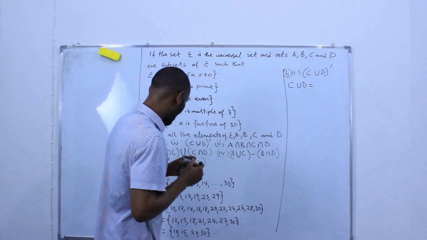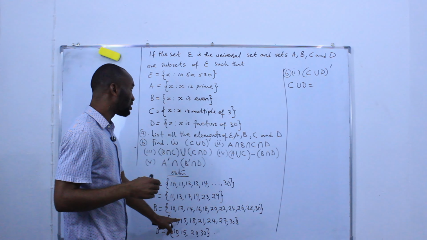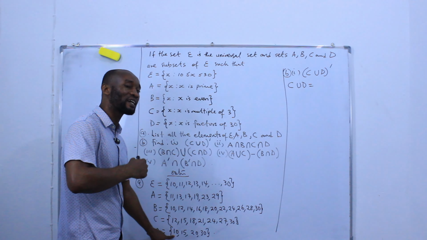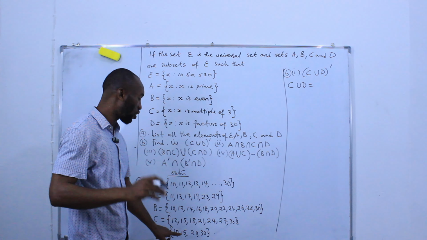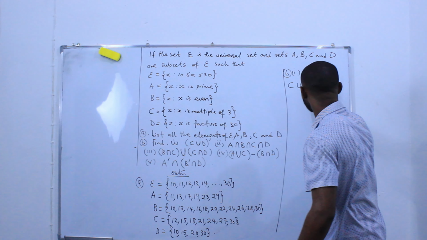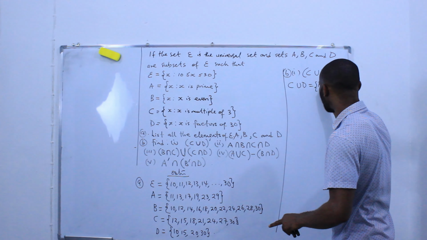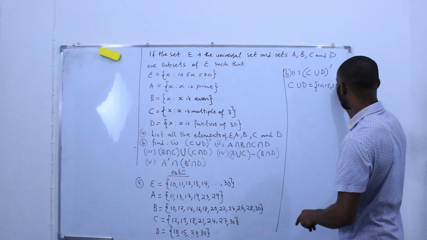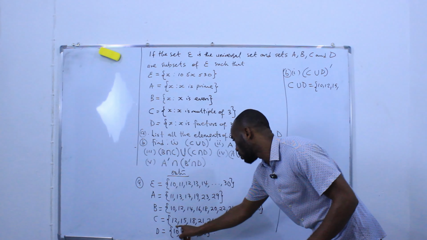Solve what is inside the bracket. C union D are elements that are in C and D. Write them down without repetition. All the elements in C and D. So we start with 10. We have 12. We have 15.